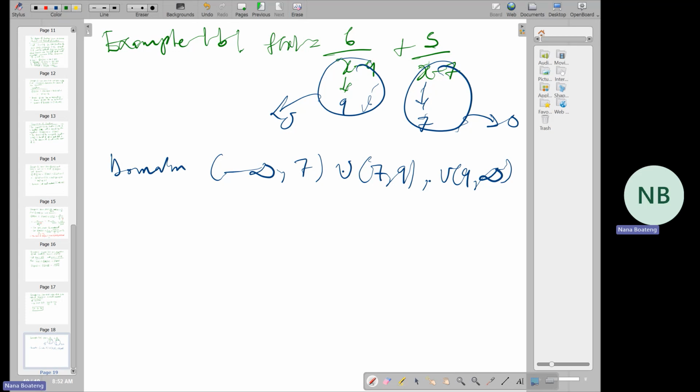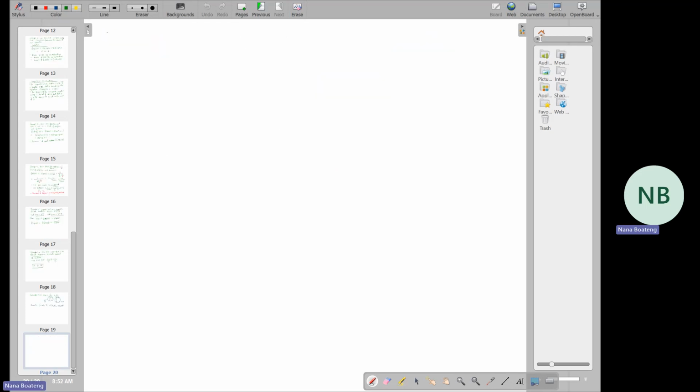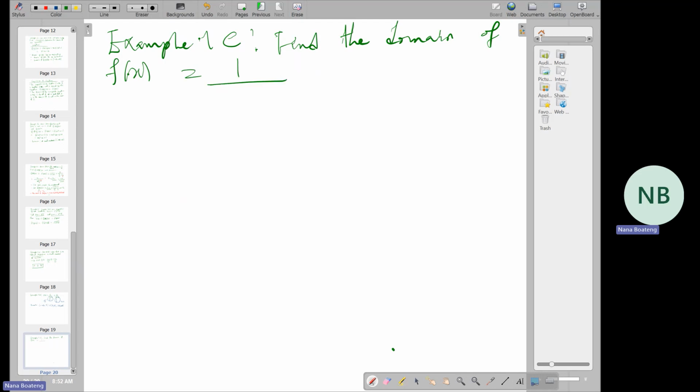So example 1C says, find the domain of f of x is equal to 1 divided by the square root of x minus 12.